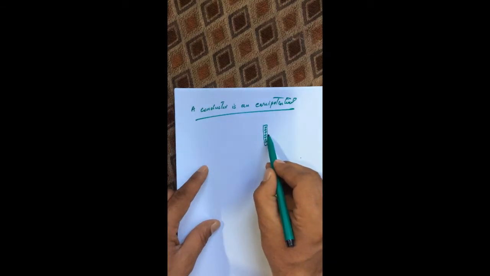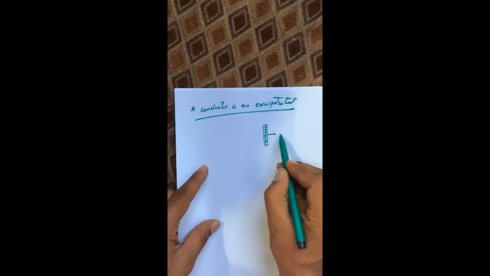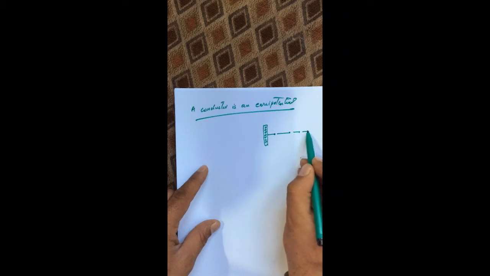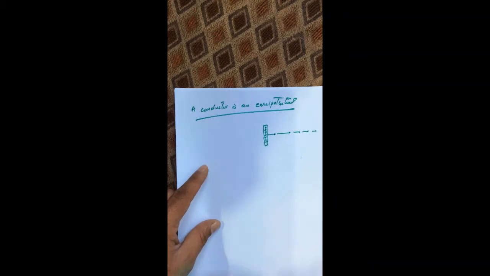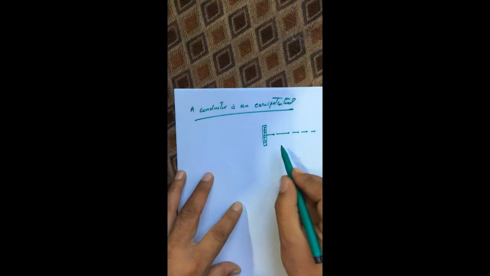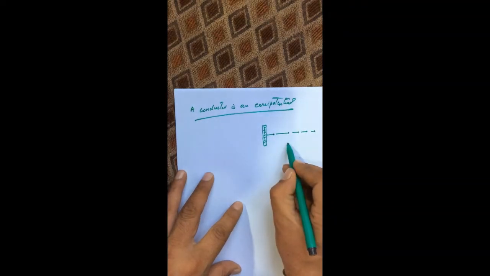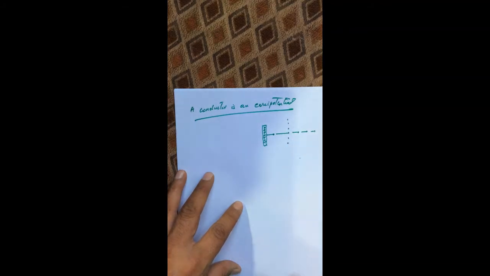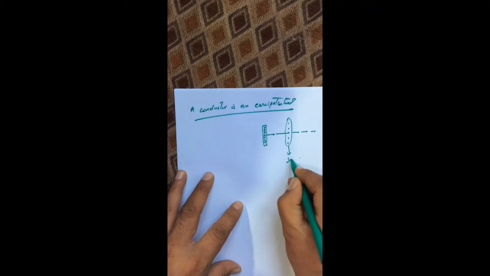Now if we move, the potential is bigger here, and it gets smaller and smaller as we move away from this linear charge distribution. But if I move this way, from here to here, from here to here, then all these points have the same potential.